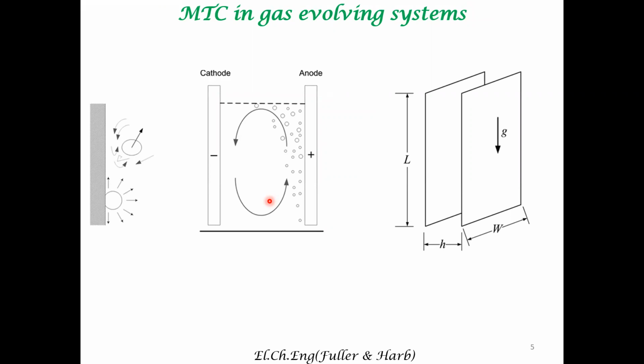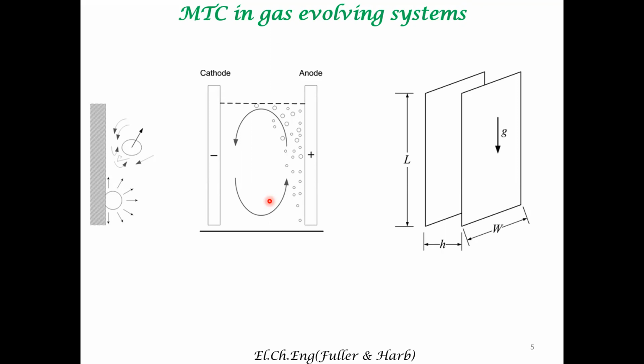A system of great relevance to electrochemical reactors is gas evolving systems. For example, one of the most important electrochemical reactors is a simple water electrolyzer. Here you split water and generate oxygen and hydrogen.